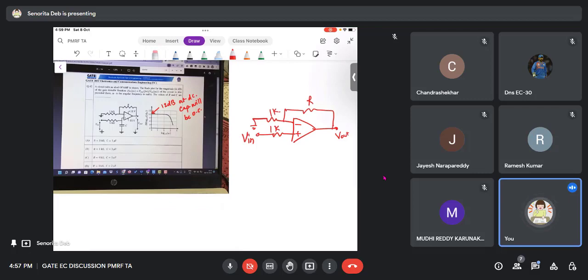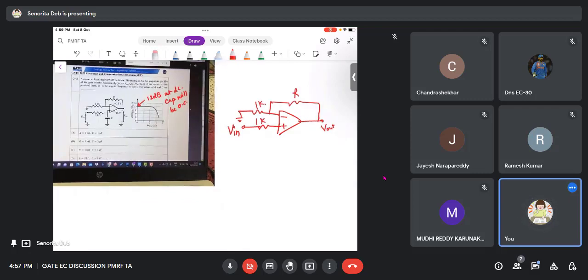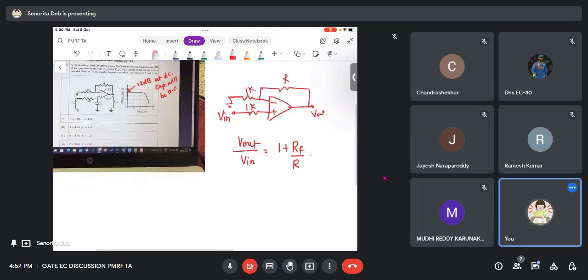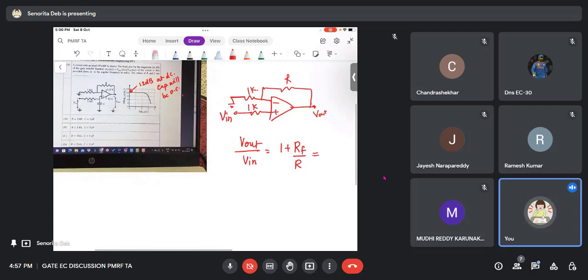So what is the value of V out by V in? That is 1 plus RF by R, right? And this equals 12 dB.